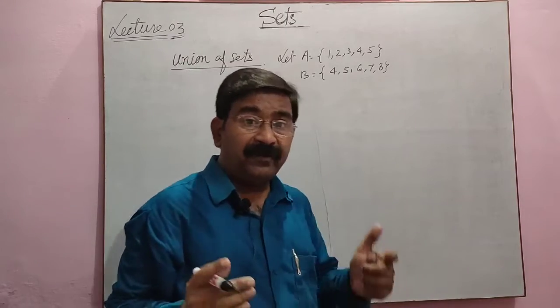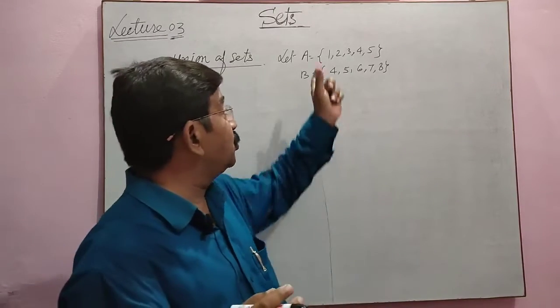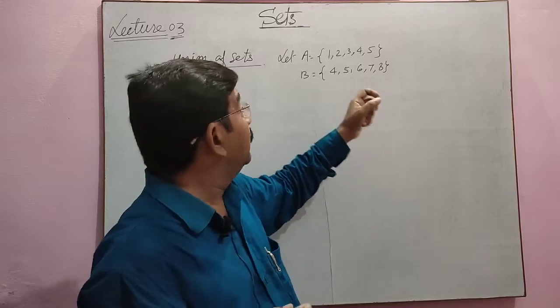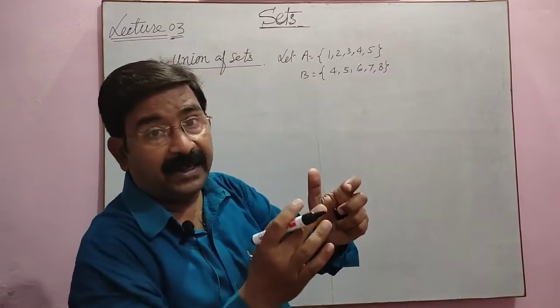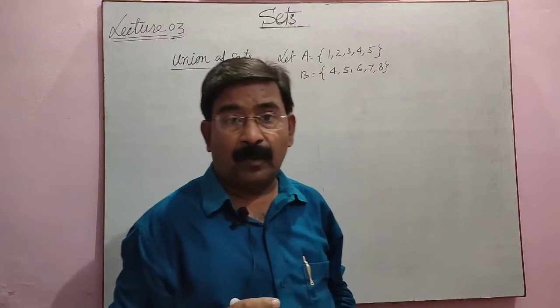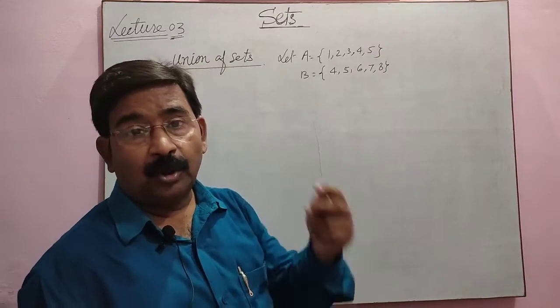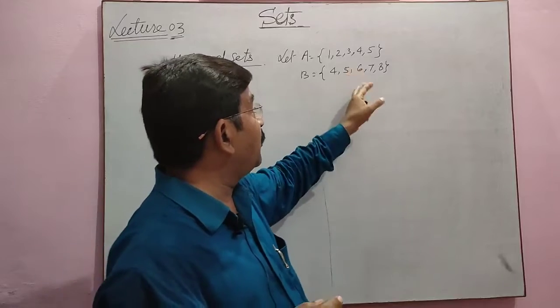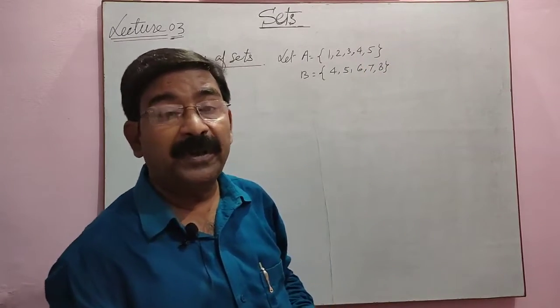Now when we have to combine these two sets, means we have to unite the elements of the sets, we have to see which are the common elements, which are found in both the sets, and they will not be repeated.